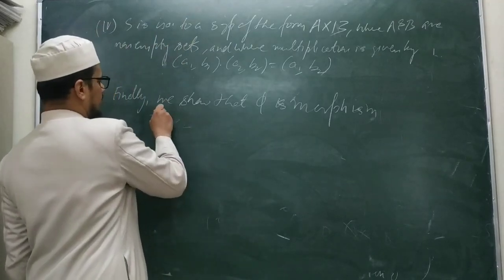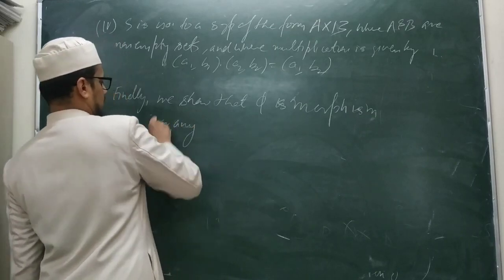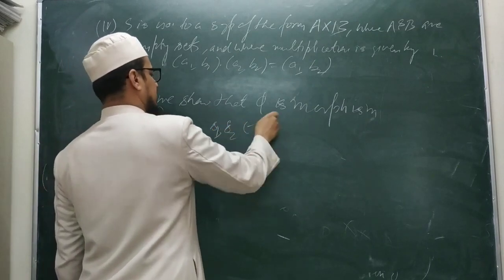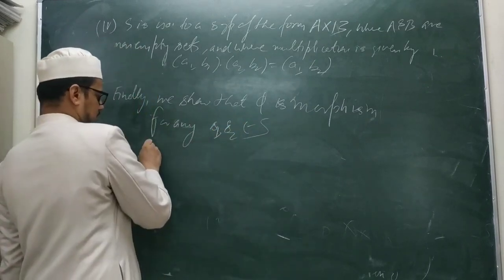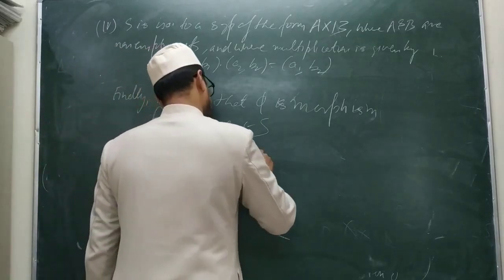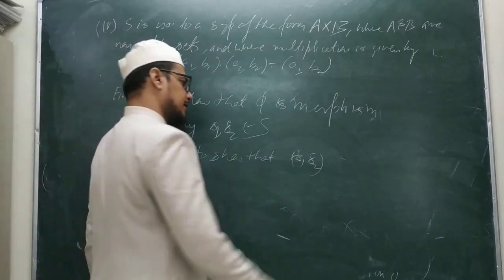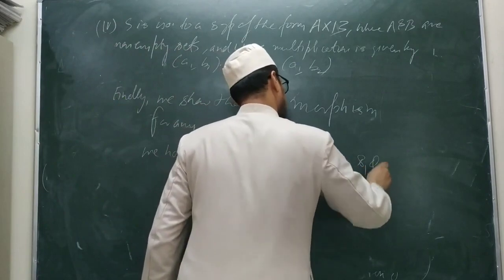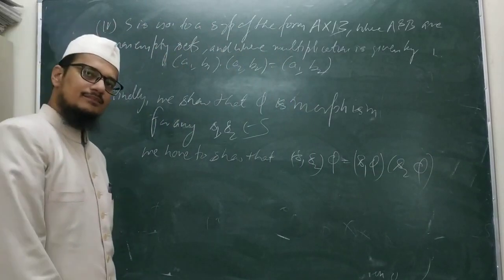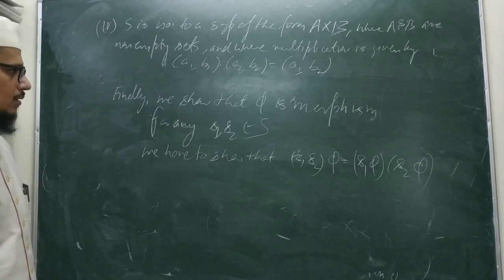So you take any two elements, for any two elements S1 comma S2 belongs to S. We have to show that S1 S2 phi is equal to S1 phi, S2 phi. Correct? This we have to show.